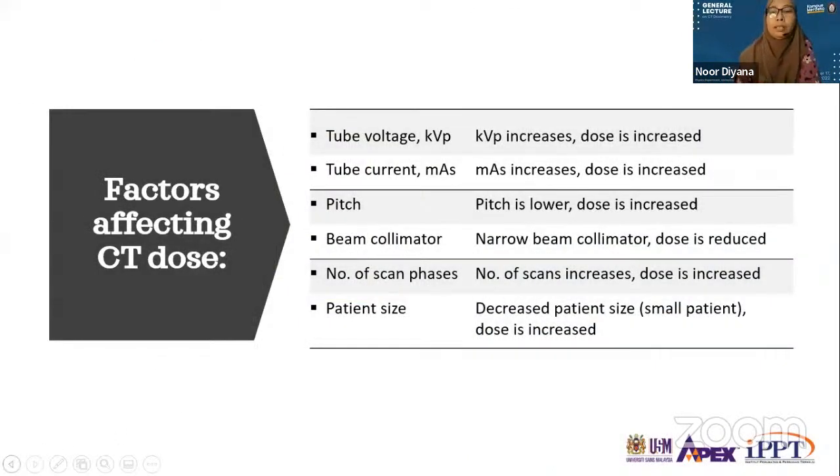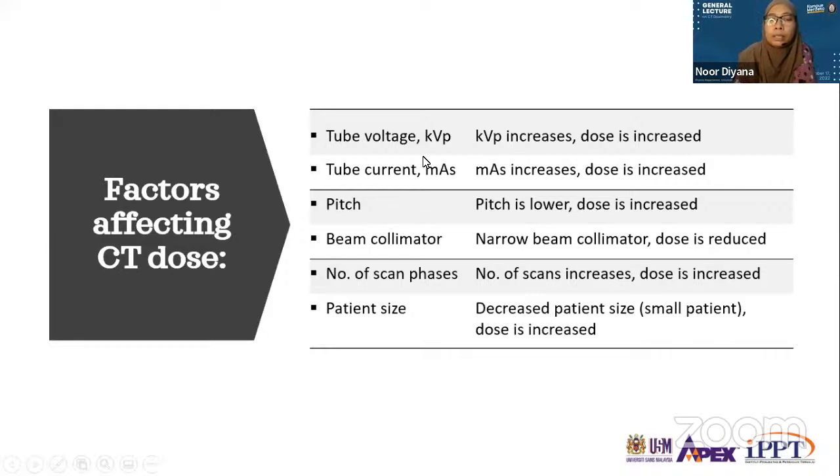So from the previous data sheet, the factors affecting CT dose, the main parameter is actually kVp, which is your tube voltage. As kVp increases, the dose also increases.